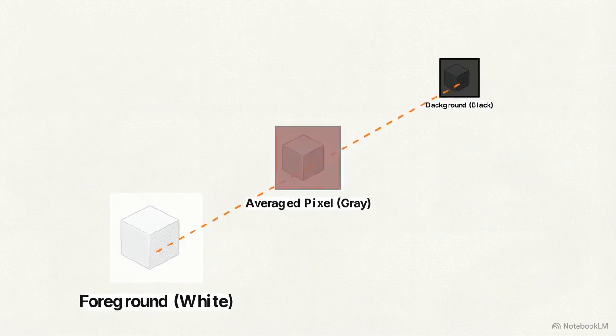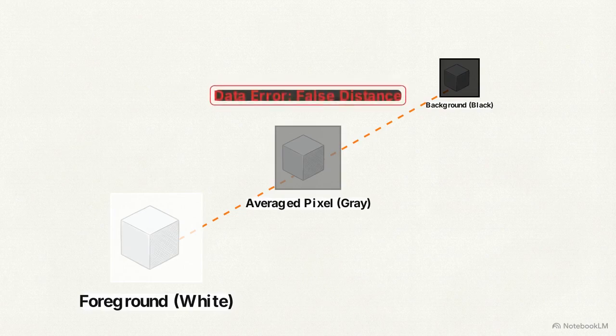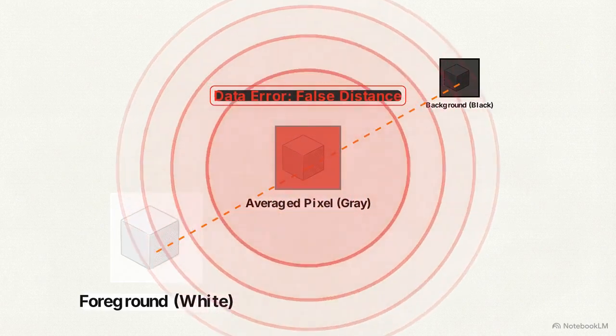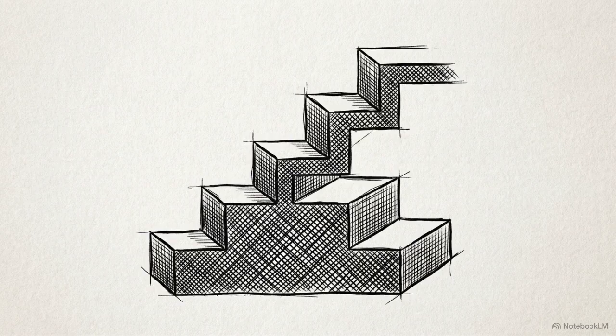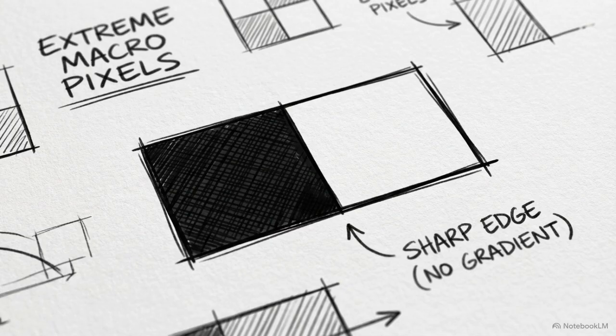The plugin fails to calculate focus across this false distance, wrapping your focused subject in an ugly, glowing halo. To prevent this, your Z-depth pass must have hard, jagged, aliased edges. Every single pixel must hold one uncompromised distance value, sitting firmly in either the foreground or the background.